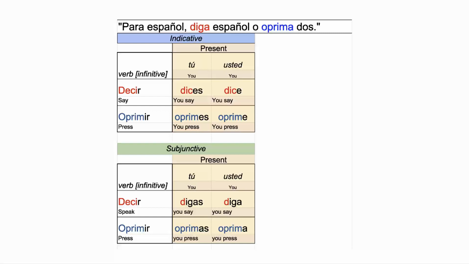For tú and usted, it conjugates to digas and diga. Oprimir is a completely regularly conjugating verb, and it will conjugate to oprimas and oprima. So each suffix changed from E to A. We're going to get into details, but similar switching happens to all the verbs when it switches to subjunctive.